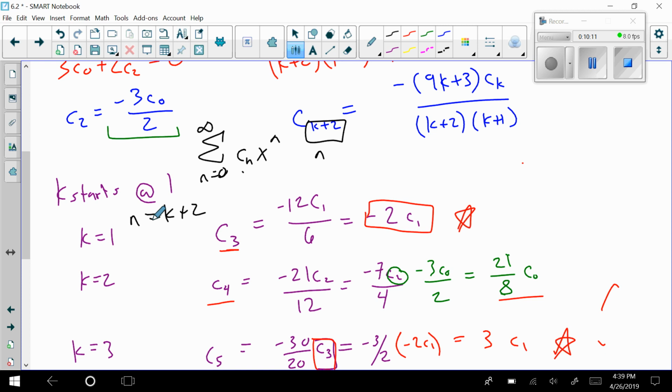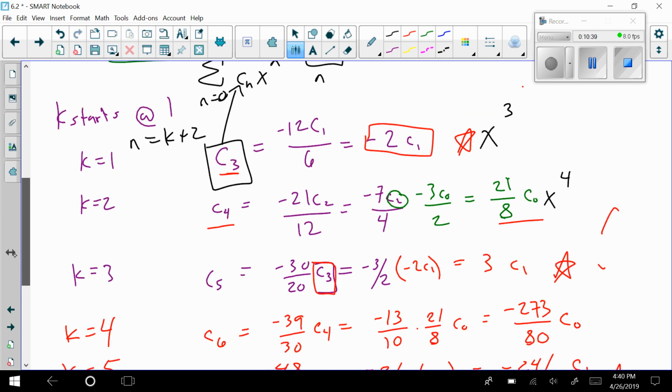Okay, so when I'm plugging this in, this C sub 3 is that C n, which means this one is x cubed, because it's a 3 here, that means that x to the n is a 3. And then this one would be C sub 4, and that means that this one's x to the 4th.